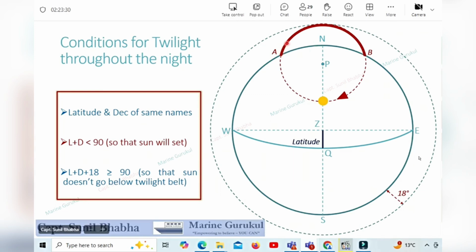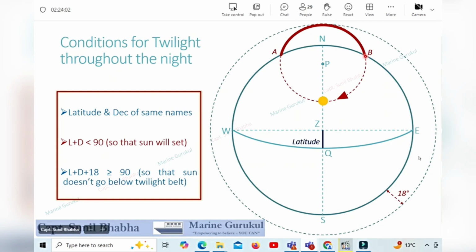From point A, the sun travels up to this point and then goes up to point B. When the sun reaches point B, point Bravo, it is going to be the sunrise again and the sun is going to come above our horizon. The duration of the night for this observer is from point A up to point B. Alpha to Bravo represents the night for this observer.